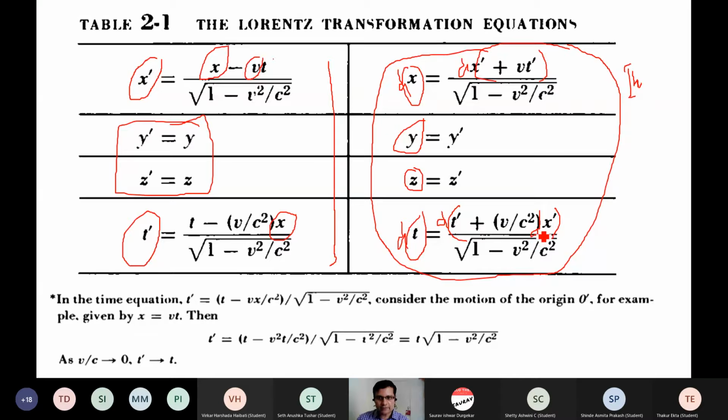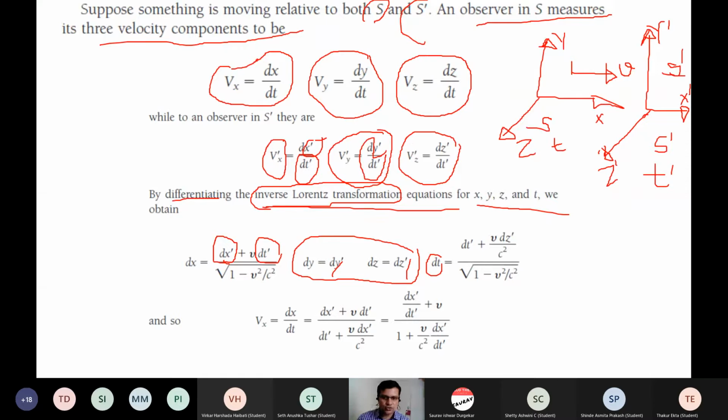The velocity with which the frame is moving is a constant, and the speed of light is a constant, so they remain as they are. Only the prime coordinates are changing. So you will have a dt prime over here, and over here it should be a dx prime. I'm sorry, here it should be a dx prime.